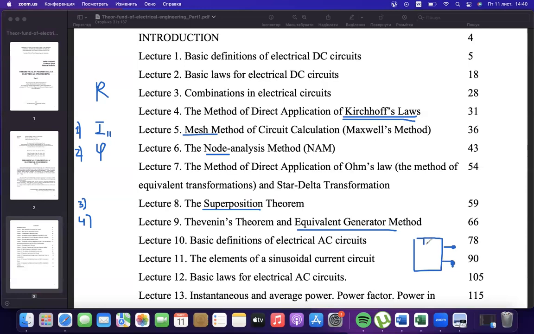And inside this simple part, we have one equivalent source, either voltage or current, whichever is more comfortable for us, and a resistor.